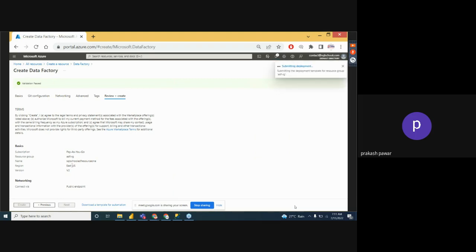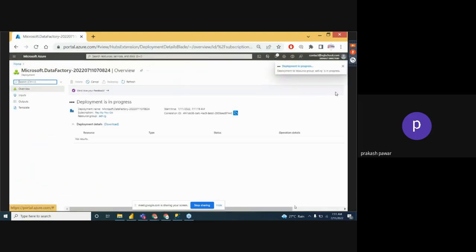Okay, what we are doing now, we are creating a factory. This factory would be the mediator, to pick the data from Azure SQL database and give it to SQL pool.